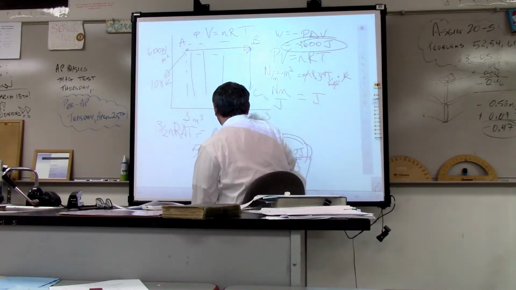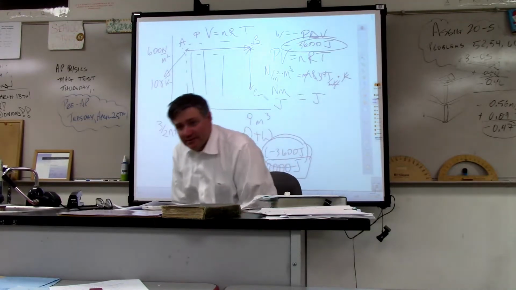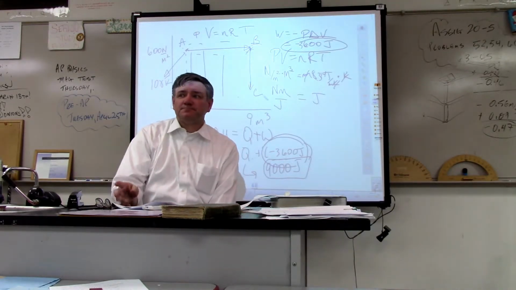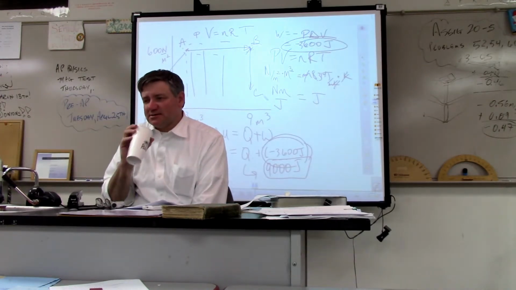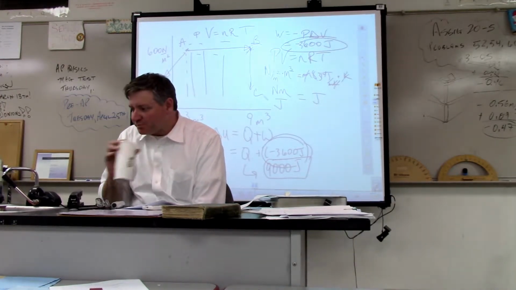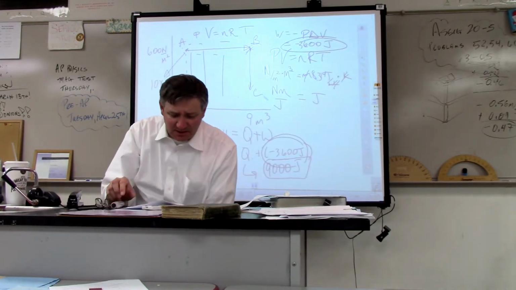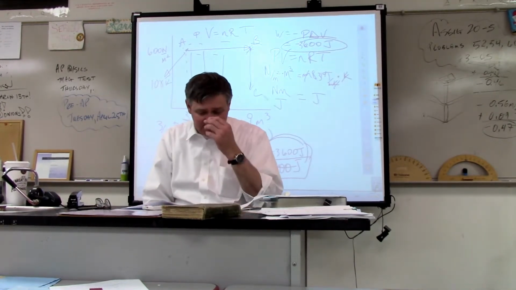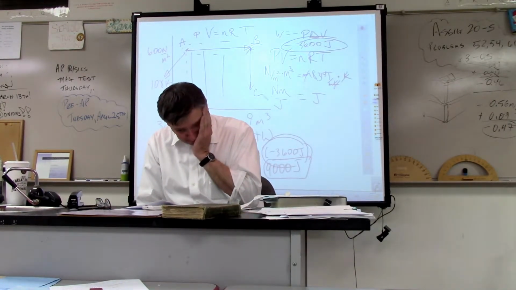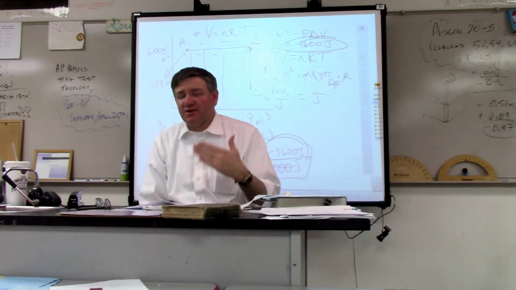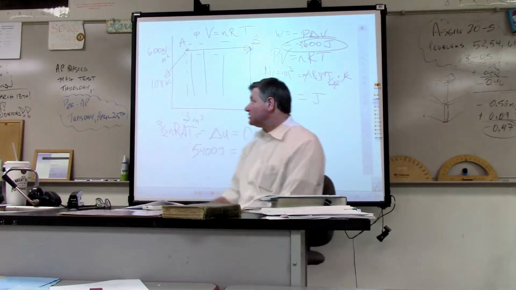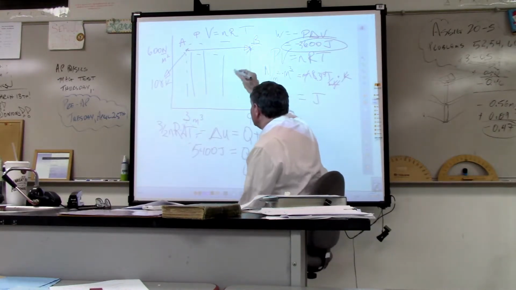So here's C. How much work is done? None. Why? The volume didn't change. You can't use negative P delta V if you wanted to. Well, you could, but you just get 0. So physically, what would you have to do? Look at this line.